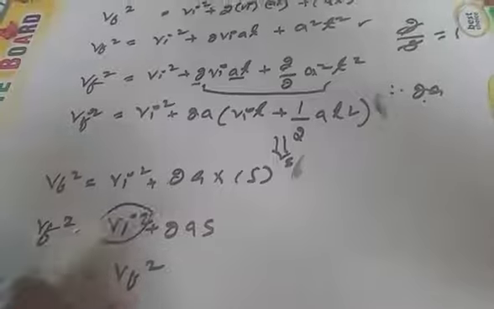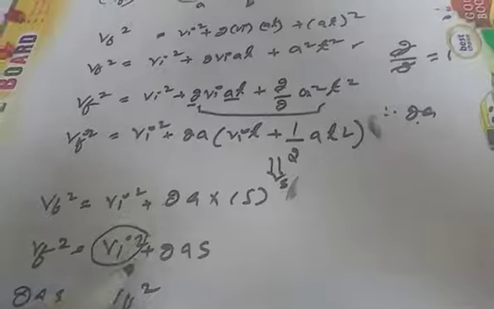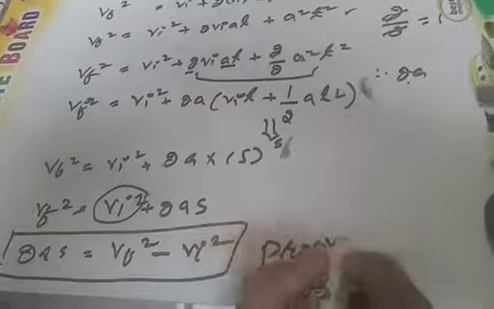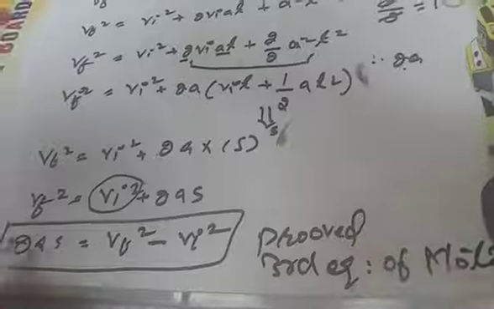This is a positive term here, so when we shift it to the left side of the equation, it changes its sign and becomes negative, so here will be minus vi². 2as is equal to vf² minus vi², and this is the third equation of motion. We have proved it.